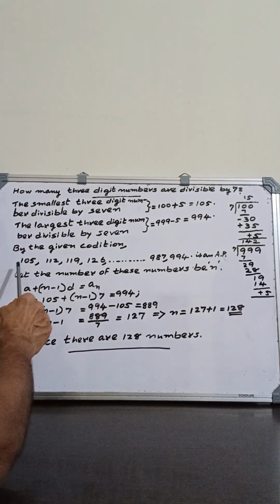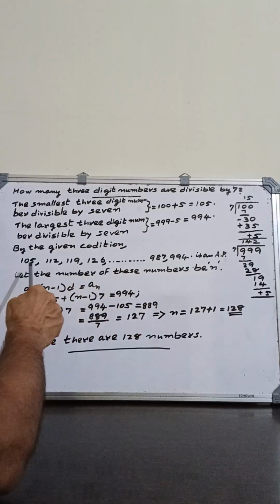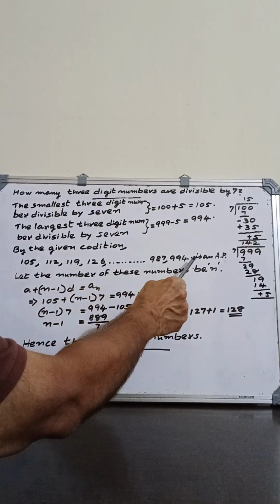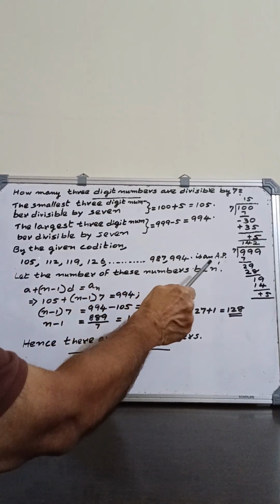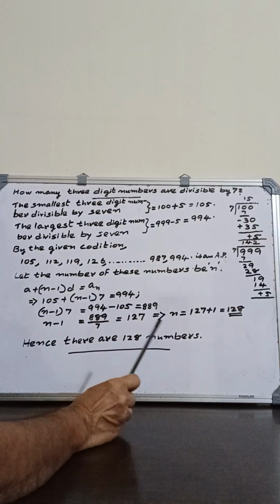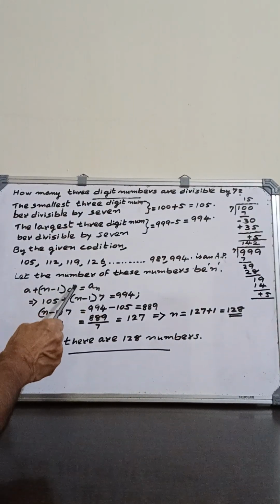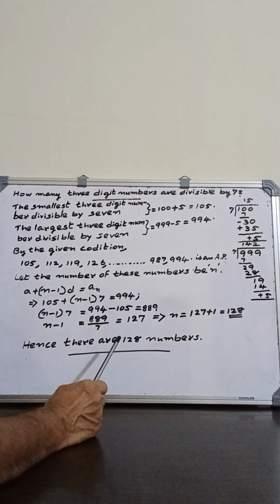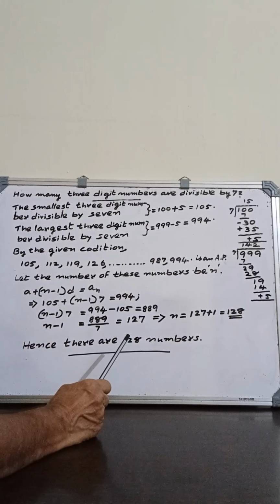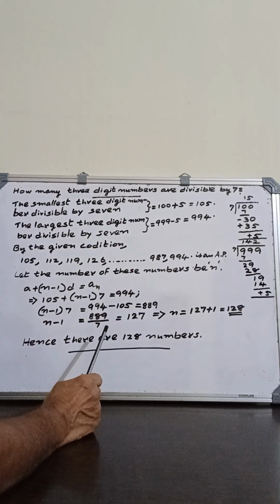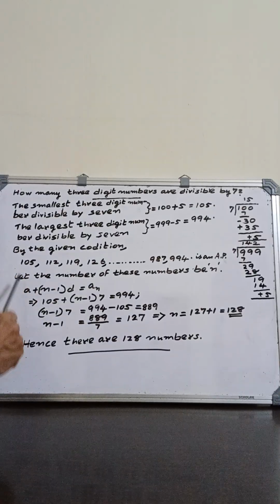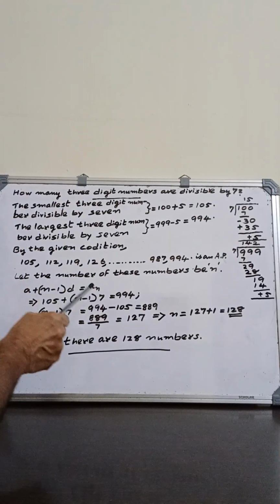Let the total number of numbers in this sequence be n. Therefore, a plus n minus 1 into d equals the nth term.